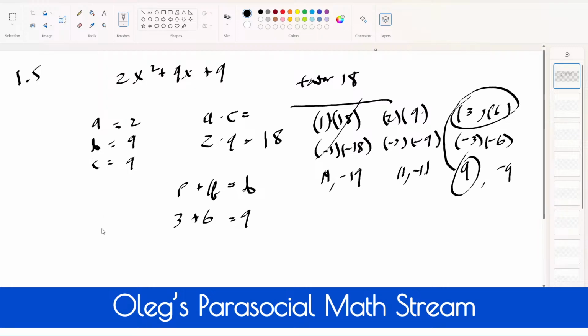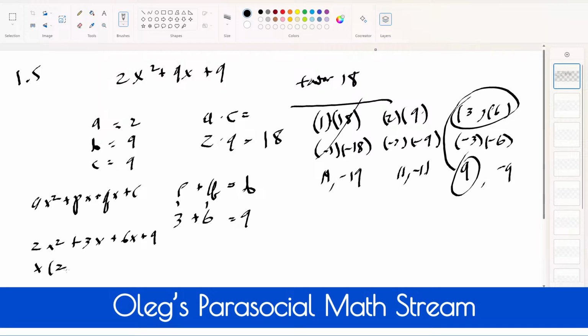Our form is AX squared plus PX plus QX plus C. So that's going to be 2x squared plus, where we assigned P, and then Q, plus 3x plus 6x plus 9. In the first one, we're going to be able to pull out x.